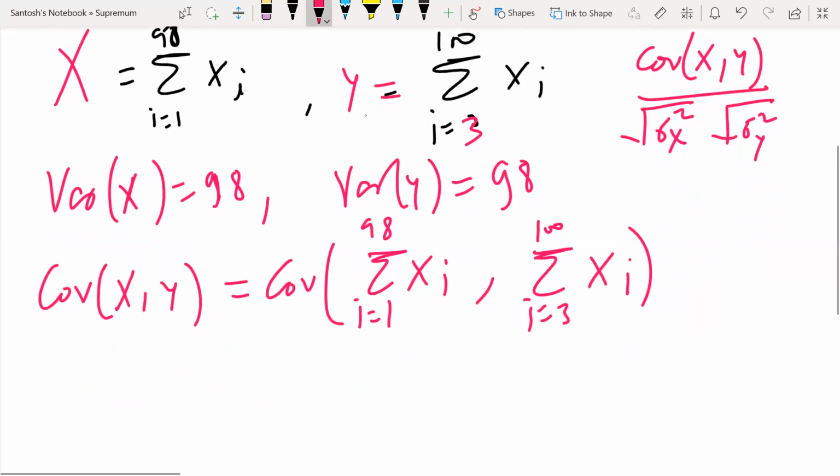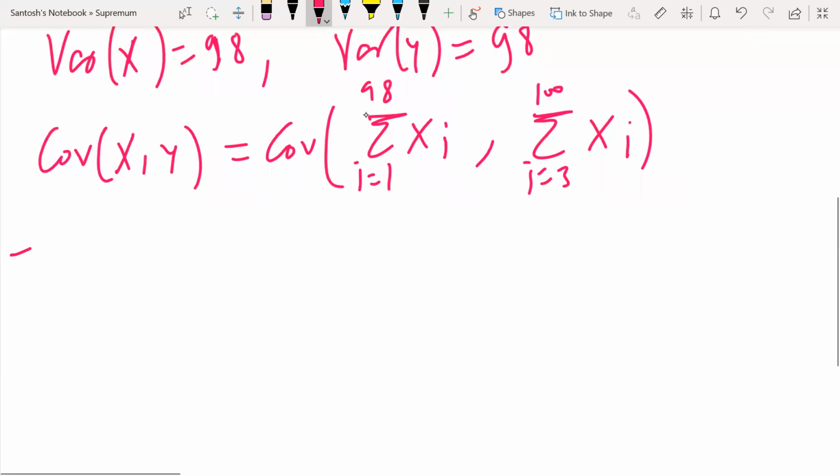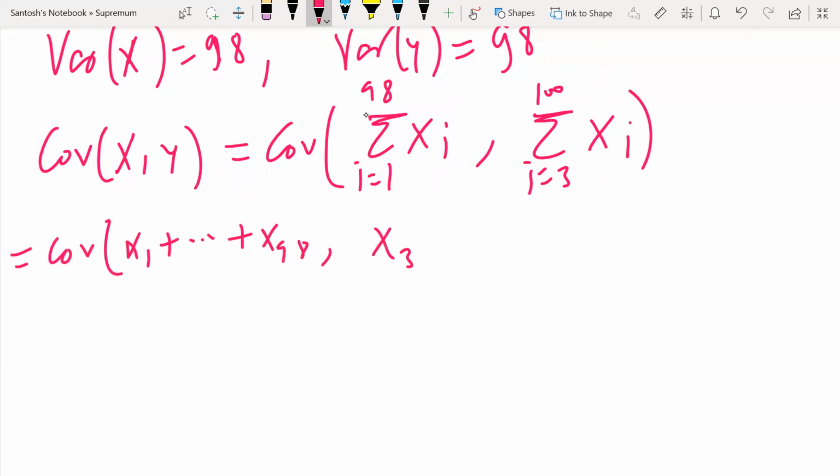Let's expand this: covariance of x1, x2, x3 up to x98, comma x3, x4 up to x100.